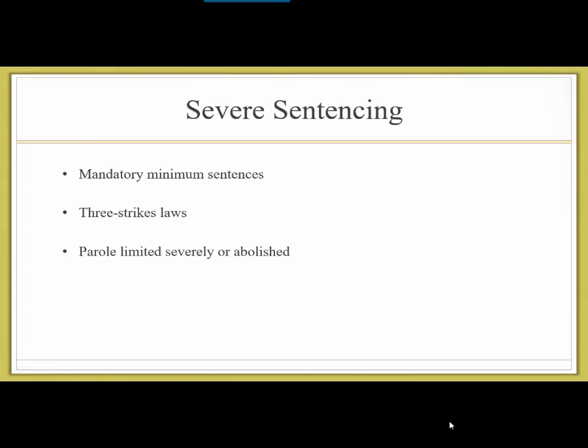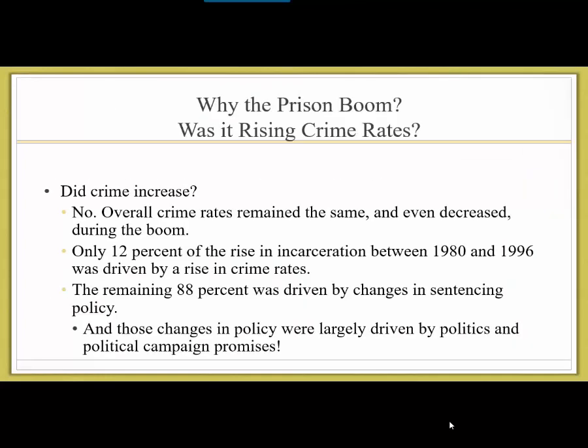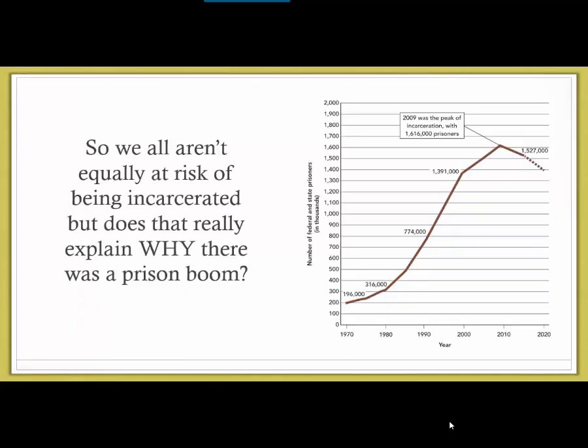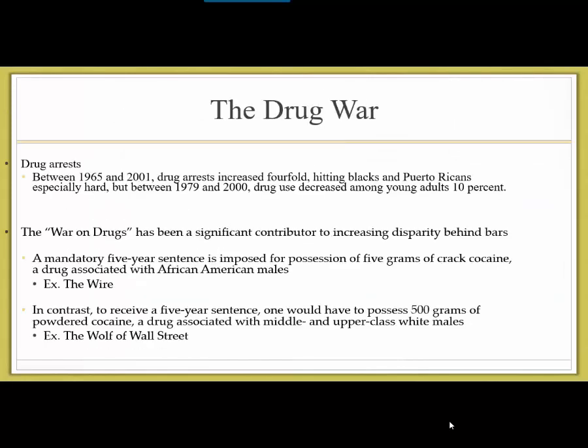So all of that meant that you had people getting jail sentences that maybe they wouldn't have gotten in the past, much lengthier sentences than what they would have gotten in the past, and then having to serve out those sentences more fully than they would have had to in the past. So when you look at something like this chart about how in 2009 what percentage of the population was imprisoned at that time, all of those things contributed to that.